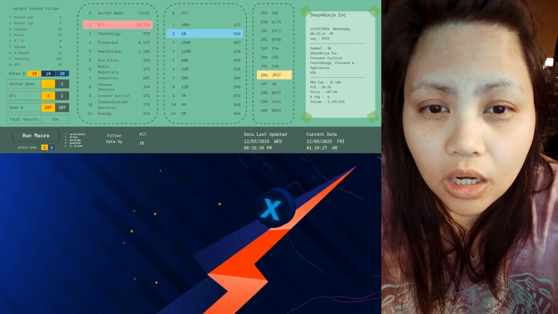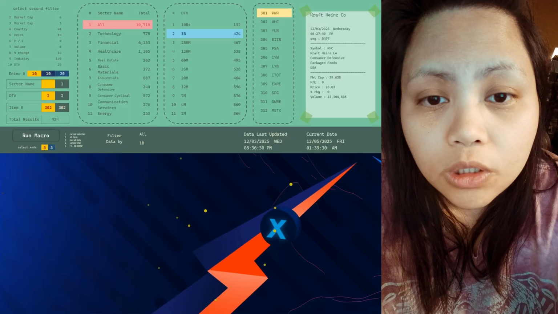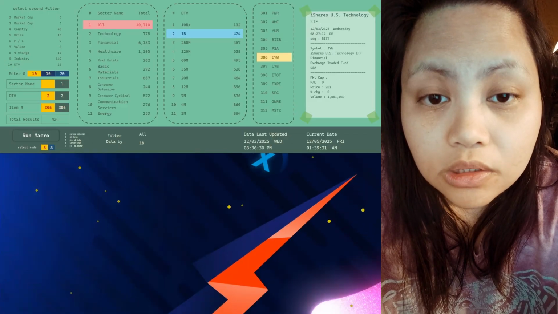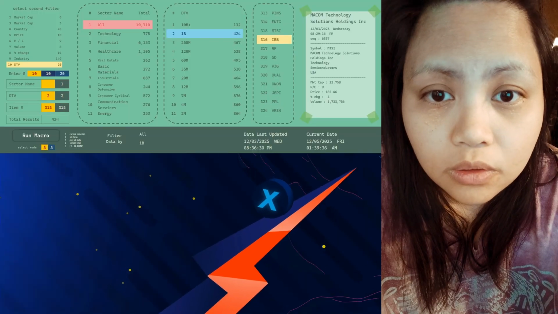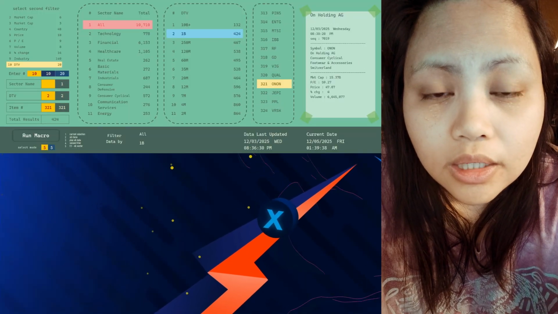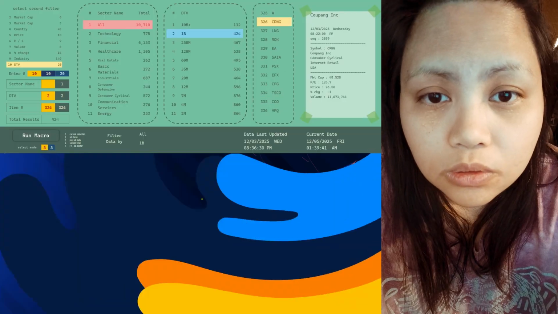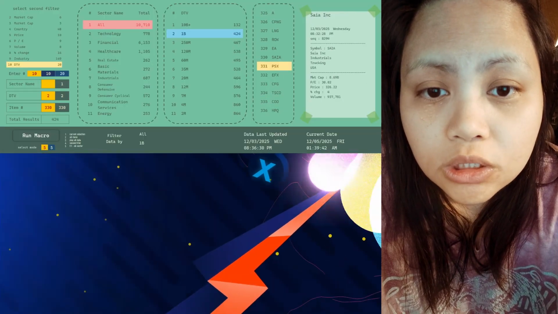So I think it is now more functional than before, because that's actually how I interact with the Finviz screener. You want to see the highest performing, the lowest performing, highest market capitalization or the lowest market capitalization.